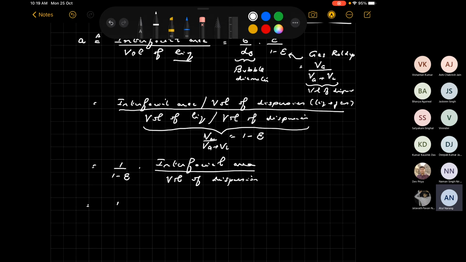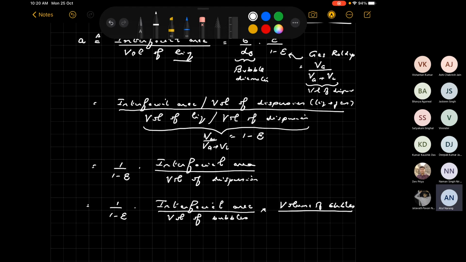So I will write this as 1 over 1 minus epsilon, and this I will write as interfacial area. That means this is the area of the surface of the bubbles divided by the volume of bubbles, multiplied by volume of bubbles divided by volume of dispersion.